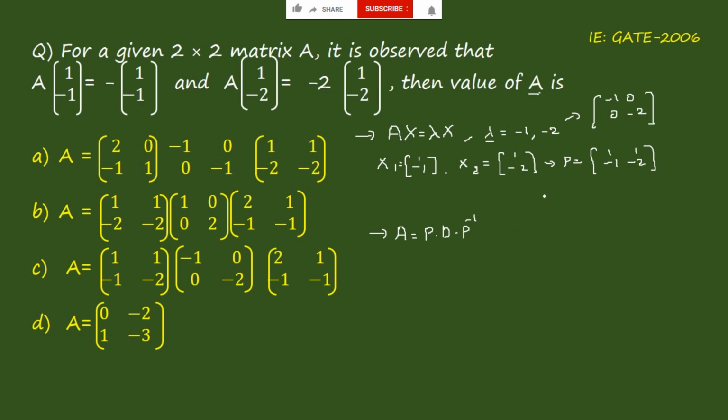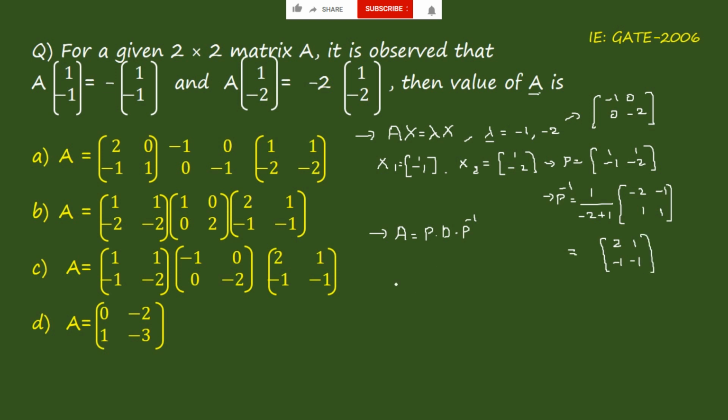So we have to find the value of P inverse, which is a 2 cross 2 matrix. So it becomes 1 by (-2 + 1) into [-2, -1; 1, 1]. Right, just multiply it. We get this as minus 1, so it becomes [2, 1; -1, -1].